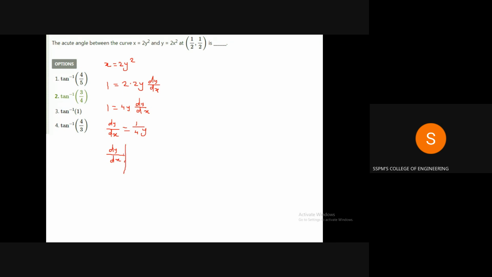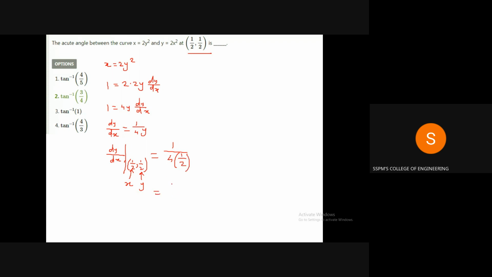So dy by dx at the point given as half and half, 1 by 2 comma 1 by 2. So dy by dx at half and half is 1 divided by 4 into y, that is 4 into 1 by 2, which is 2.